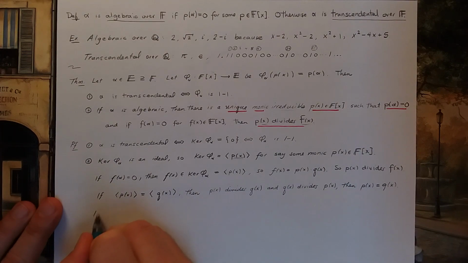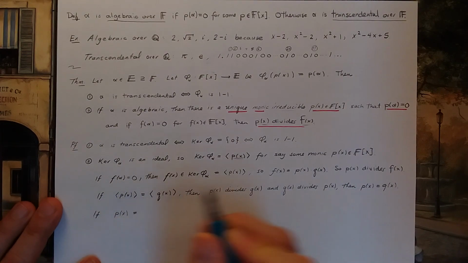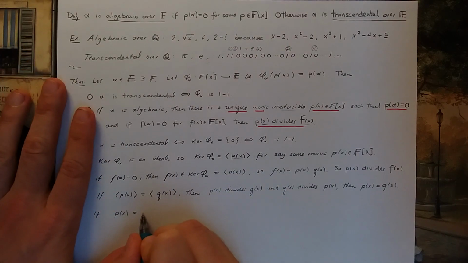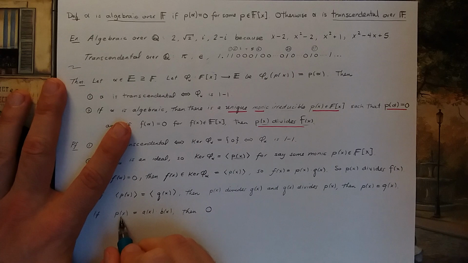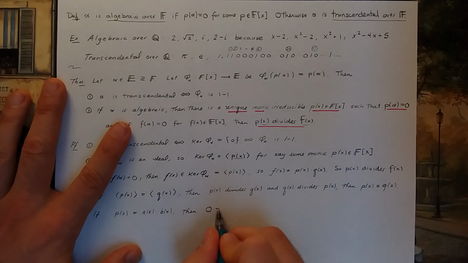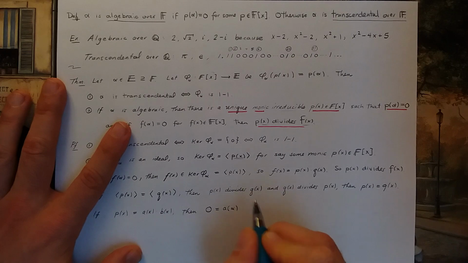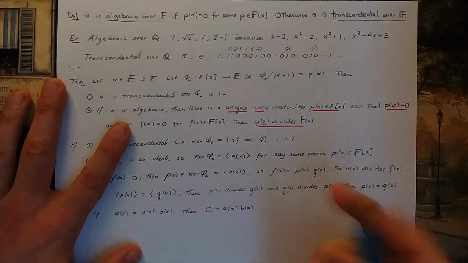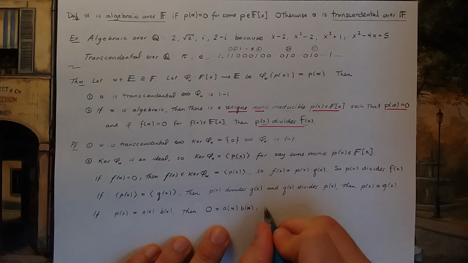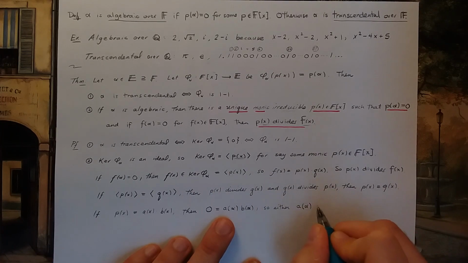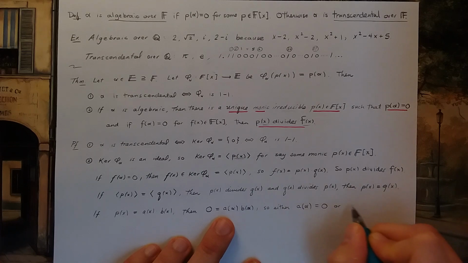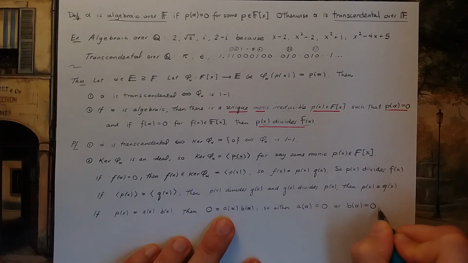So if p of x is a product of two other polynomials, like a of x times b of x, then if I evaluate at alpha, 0 is equal to a of alpha times b of alpha, meaning that either a of alpha equals 0 or b of alpha equals 0.